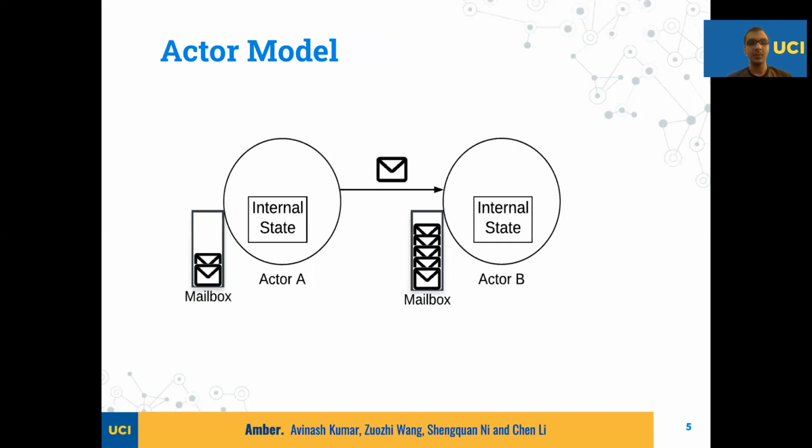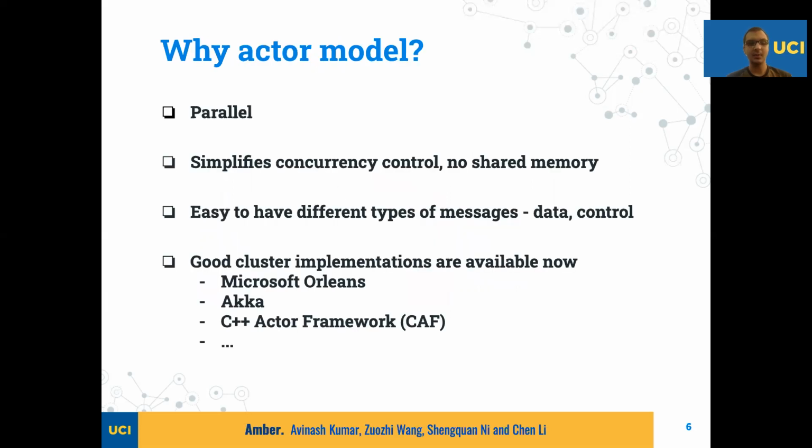Amber is built on top of the actor model. Actors can be thought of as concurrent units of execution that communicate with each other through messages. All messages sent to an actor are kept in its mailbox and are processed one by one. We chose the actor model because it is inherently parallel.